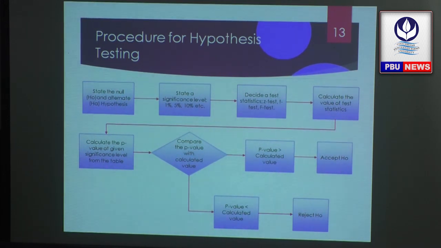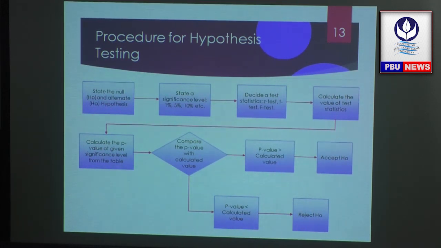Next, calculate the value of the test statistic. Next, find the p value at the given level of significance from the table. Compare the p value with the calculated value.